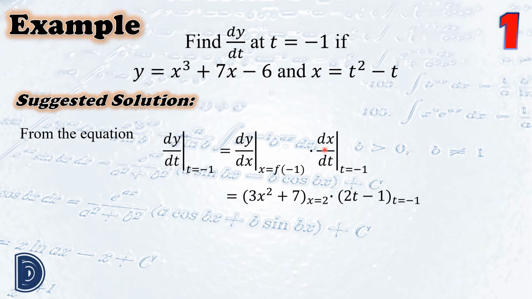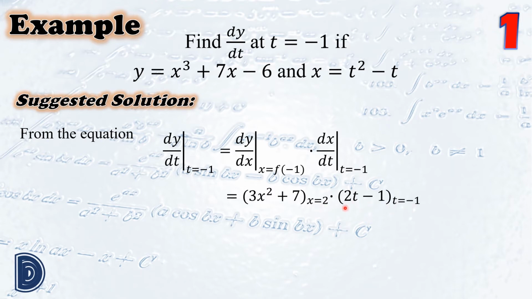Multiplied by the derivative of x with respect to t. So we have the derivative of t squared is 2t. The derivative of t is 1, so we have 2t minus 1, and that will be at t is equal to negative 1.